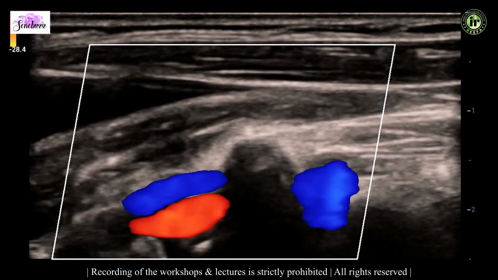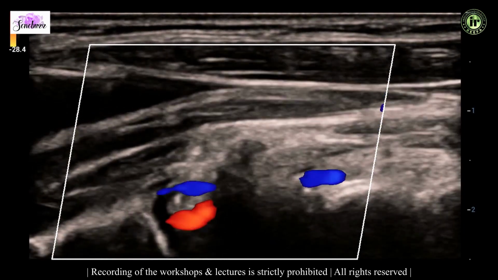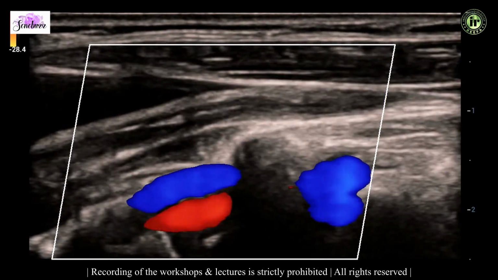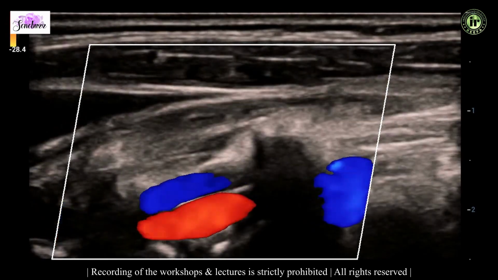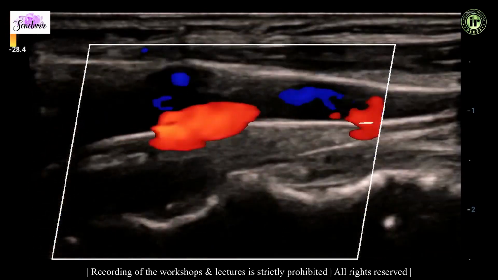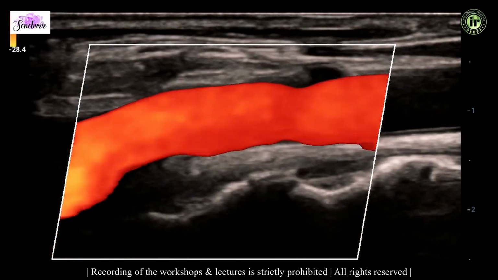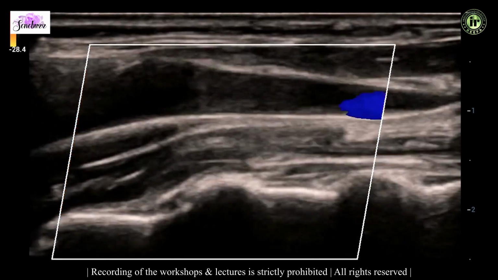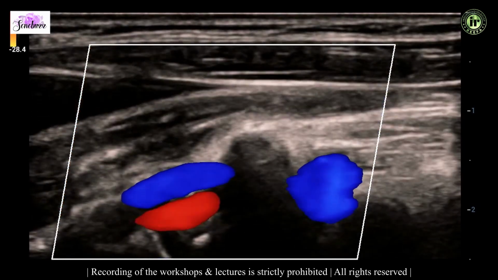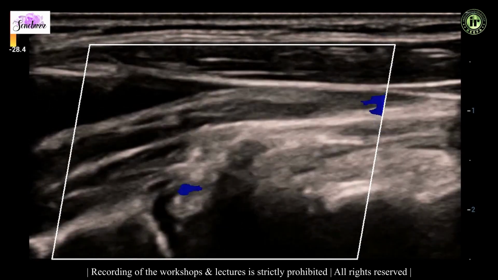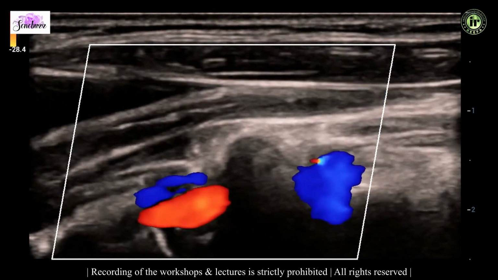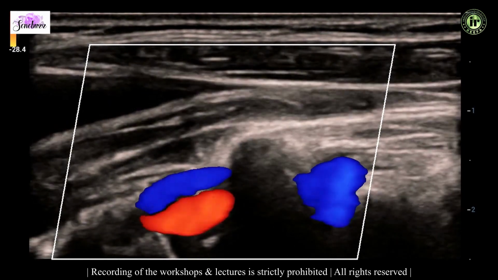So invert please, invert. So here I am seeing the vertebral in between the transverse processes. Now if you look at the transverse processes, I see the vertebral artery in red and the vertebral vein in blue. And if I take my probe further to the common carotid artery, I see the common carotid in red and the vertebral in red.